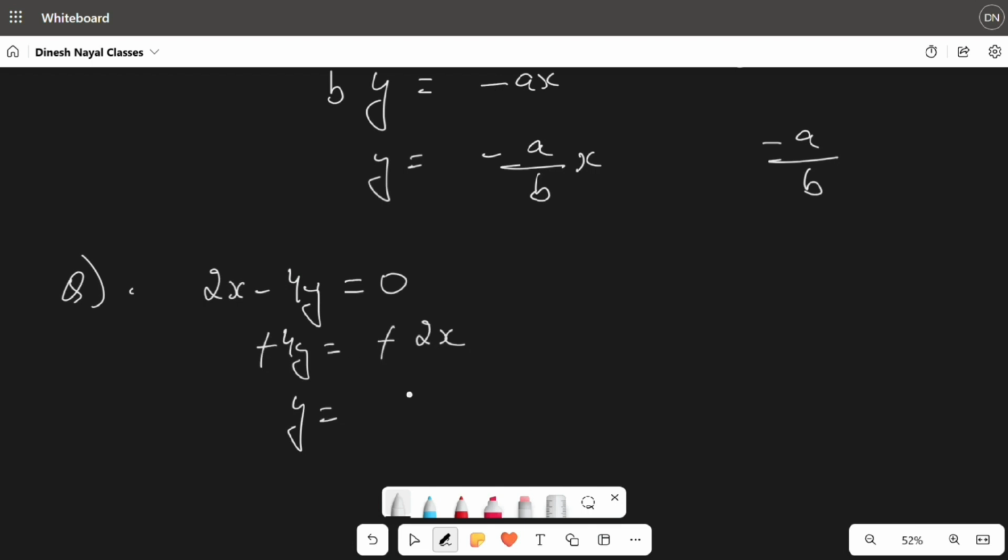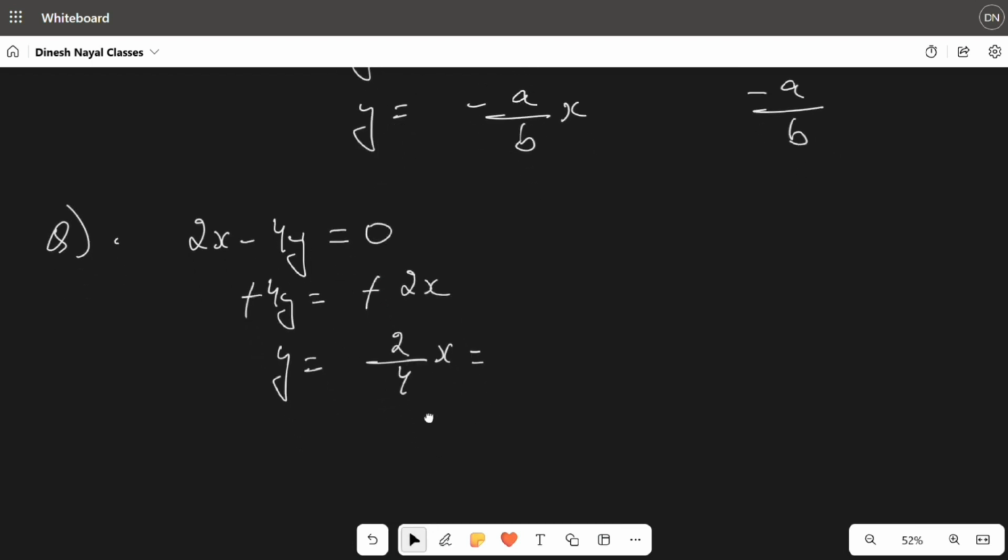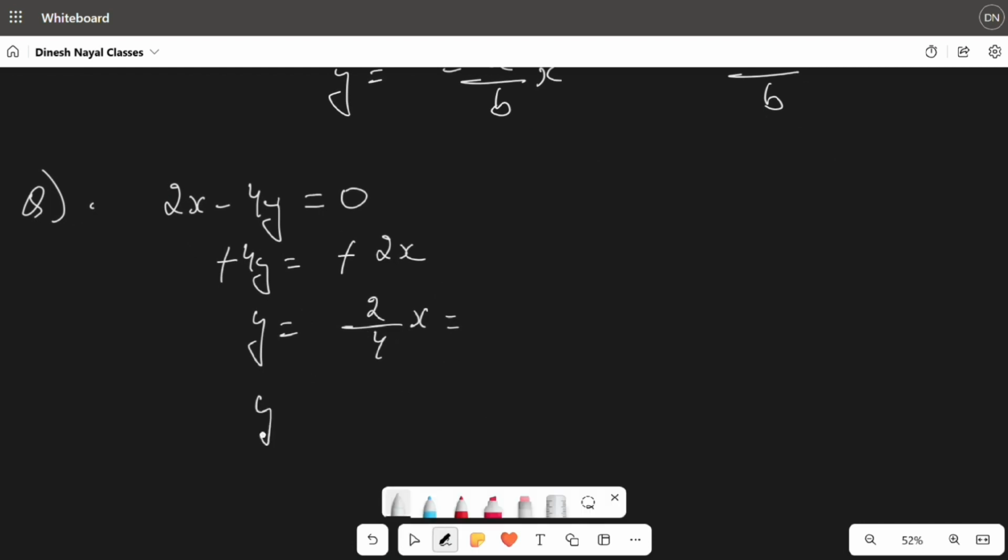So y is 2 by 4x, that means y equals half x. So half x means that the slope is 1 by 2, that is the y step is 1 and the x step is 2, and it is passing through the origin. So we have 0 comma 0.